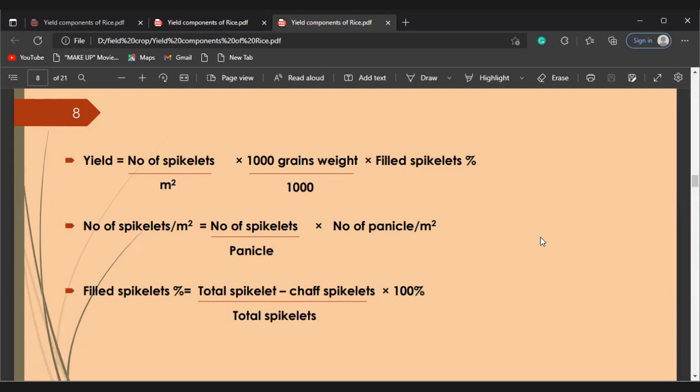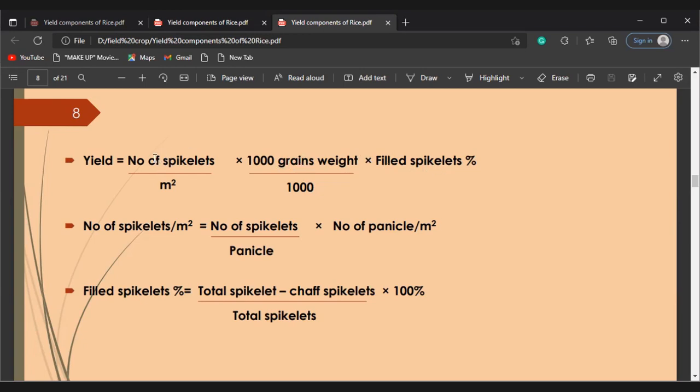So this is the final equation. Yield equals number of spikelets over meter squared, times 1000 grain weight over 1000 for converting, then multiplied by the filled spikelets percentage.